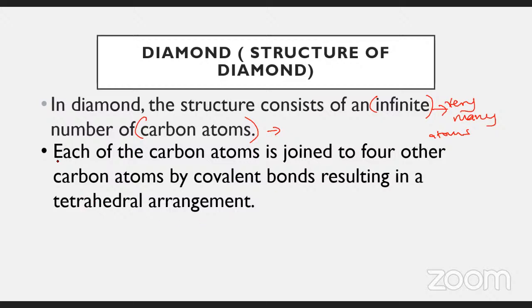So once again, each carbon atom is joined to 4 other carbon atoms by covalent bonds resulting in a tetrahedral arrangement. Anybody who can define for us a covalent bond?